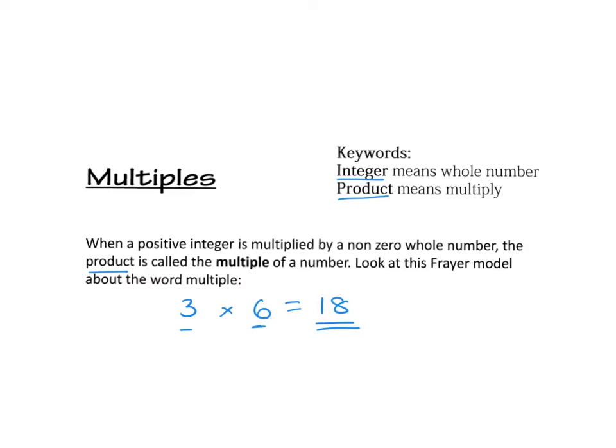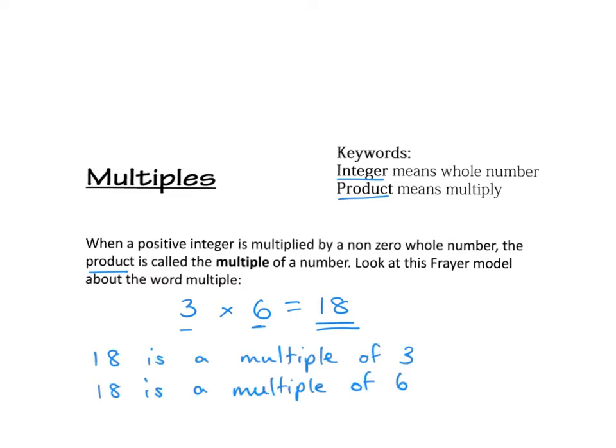So 18 is a multiple of 3 and 18 is a multiple of 6. It's almost the opposite to factors. Factors are the bits that make the product. Multiples are what is the product of those numbers.